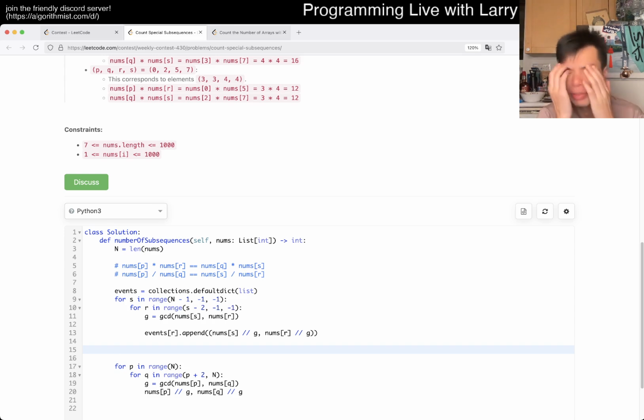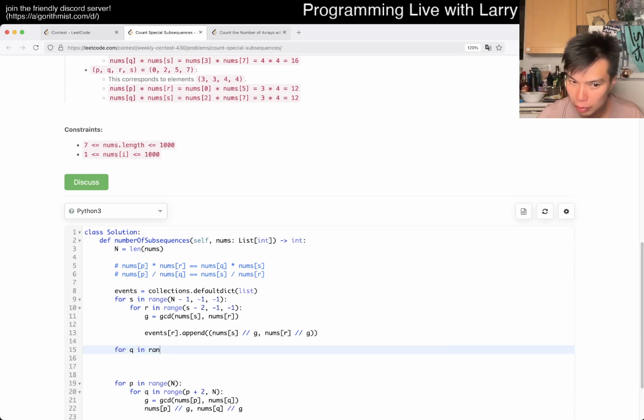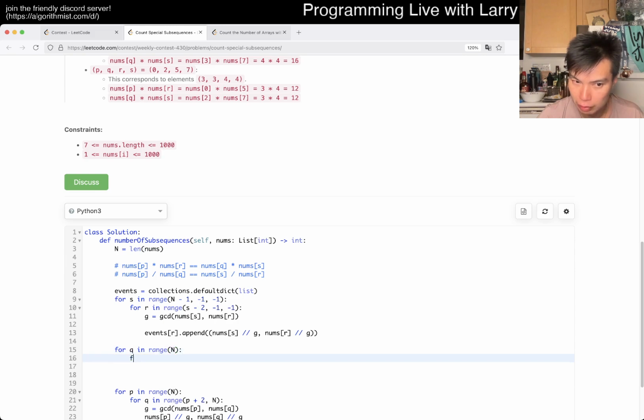No, the way that you have to think about the loop is a little bit different. You can't just do the loop this way. Oh yeah, okay, that's fine. Yeah, I'm just writing this loop dumbly. Okay, so then let's write this loop: for q in range to n, and then for p in range of whatever, q minus 2, right?